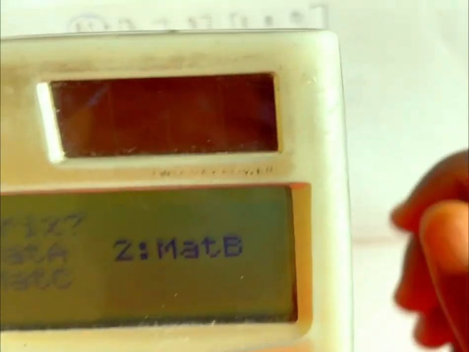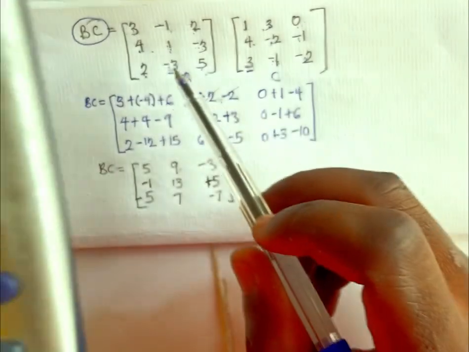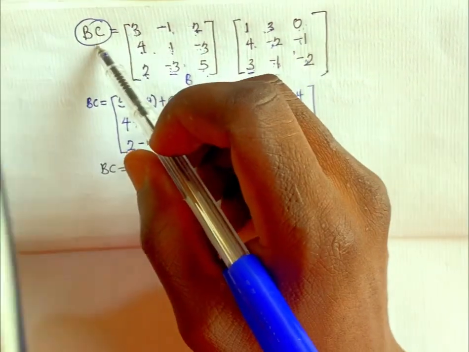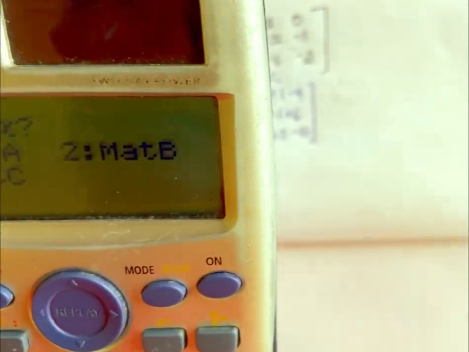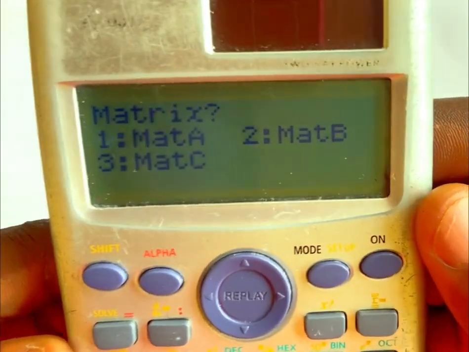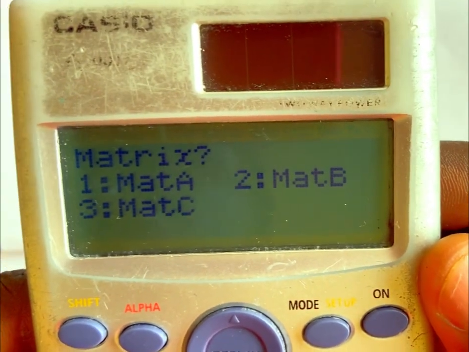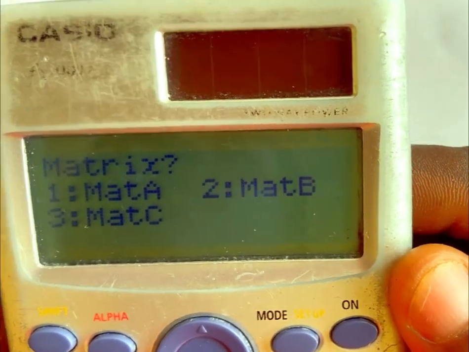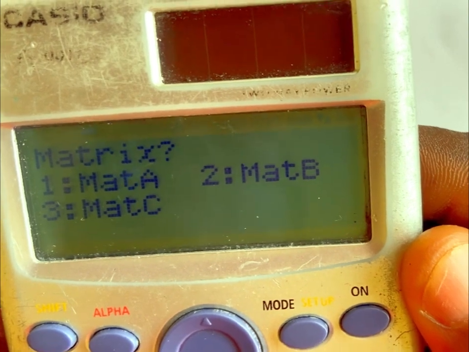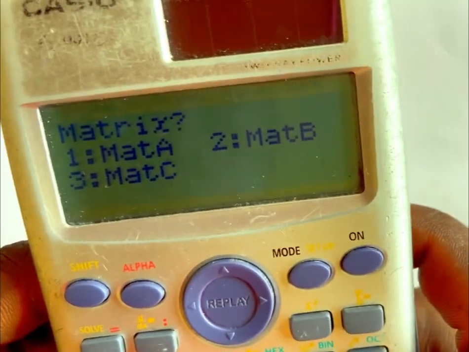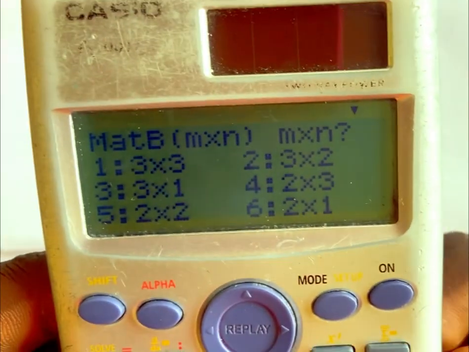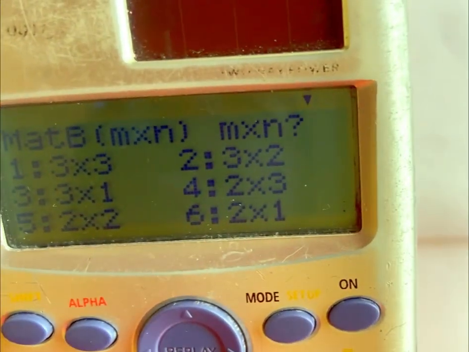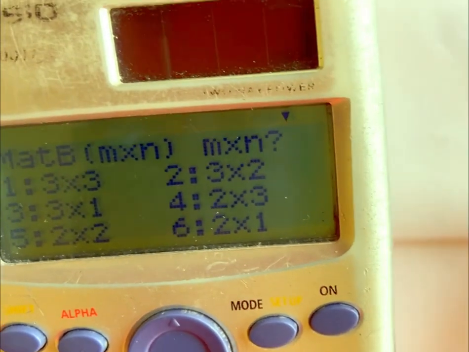Don't forget that here I want to input my B and C to calculate matrix BC. Since I'm only dealing with mat B and C, I will press 2. Pressing 2 here, it will bring in the order of matrices.